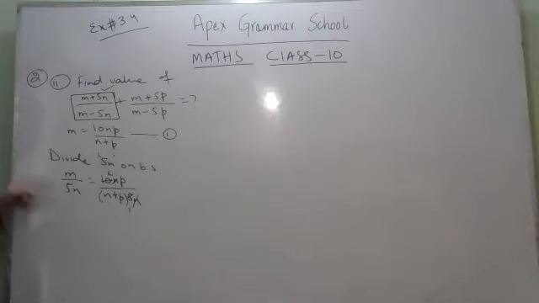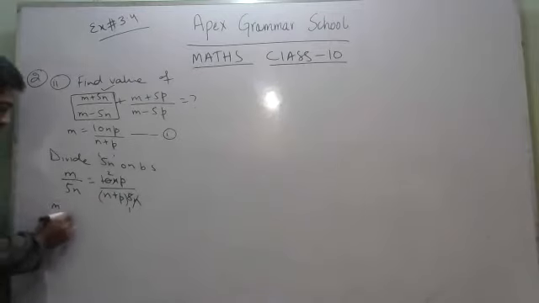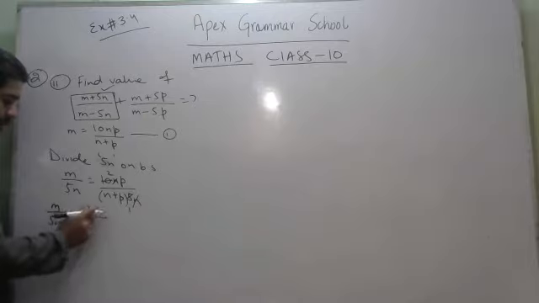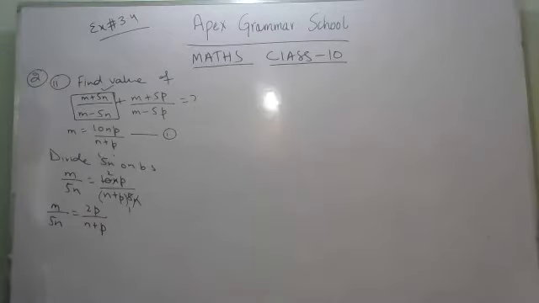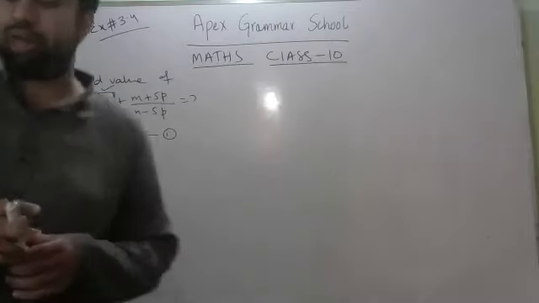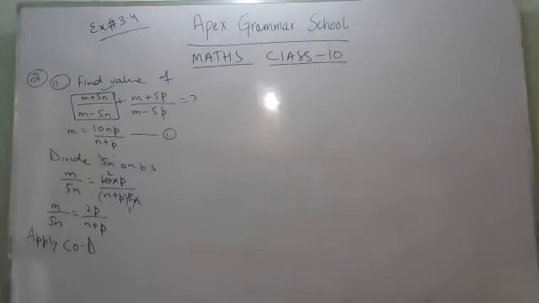So we are left with m over 5n is equal to 2p divided by (n plus p). Now we can easily apply the componendo and dividendo theorem. It is your choice according to the requirement.